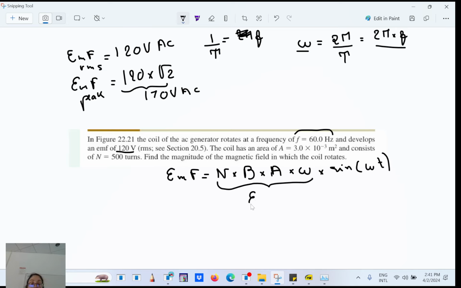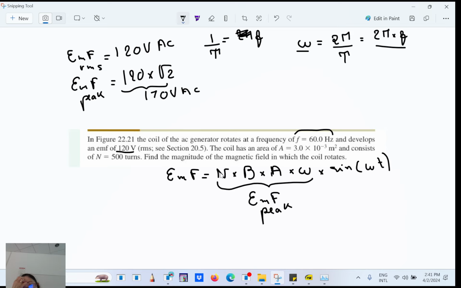That will be called the peak value. Sine or cosine, it doesn't matter. You can have a sine or a cosine. And we do have the peak value.